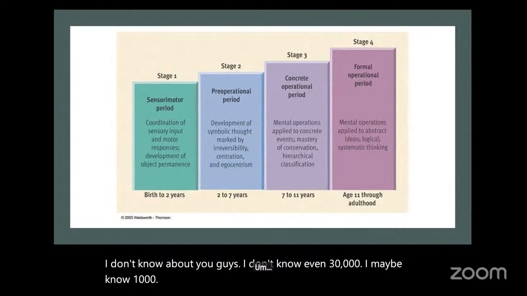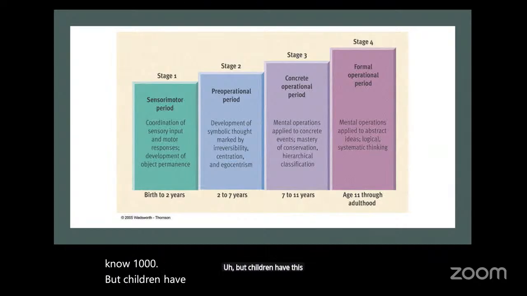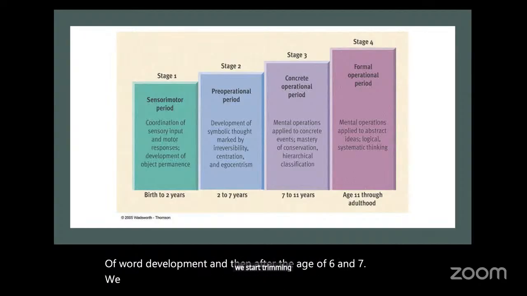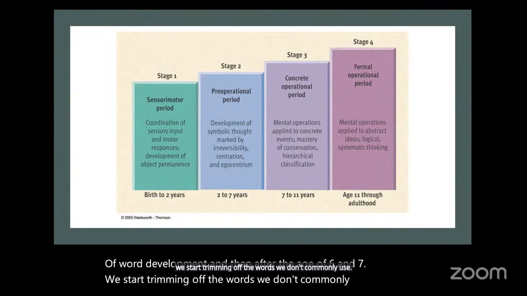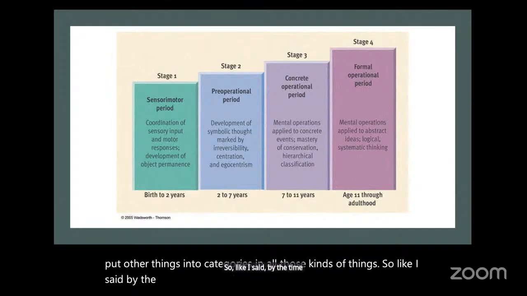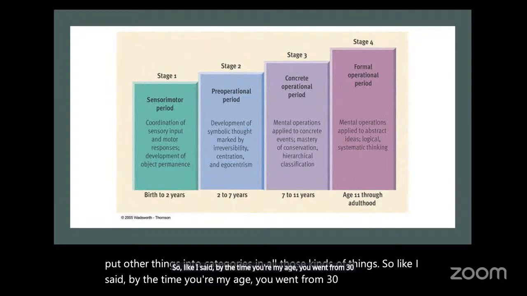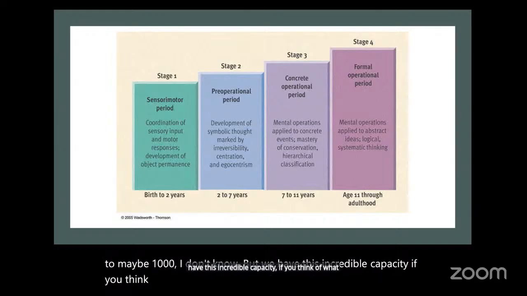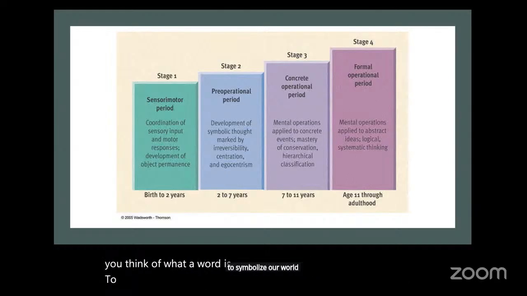Children have this amazing retention of word development. And after the age of 6 and 7, we start trimming off the words we don't commonly use, and we put other things into categories. By the time you're my age, you went from 30 to 60,000 down to maybe I don't know. But we have this incredible capacity, if you think of what a word is, to symbolize our world.